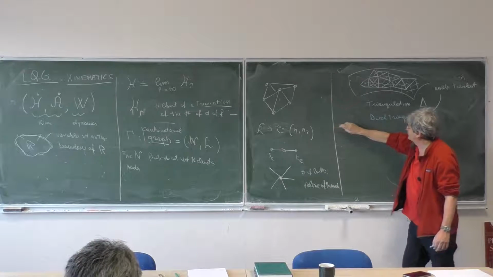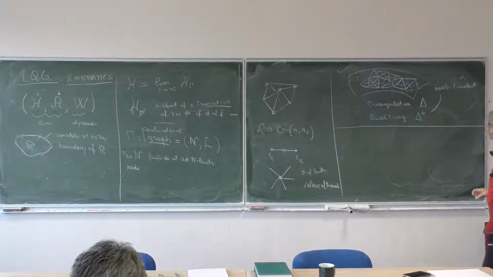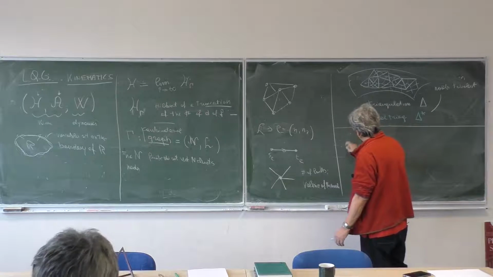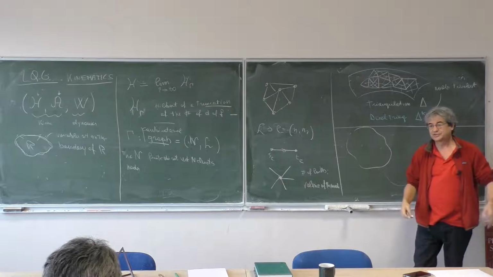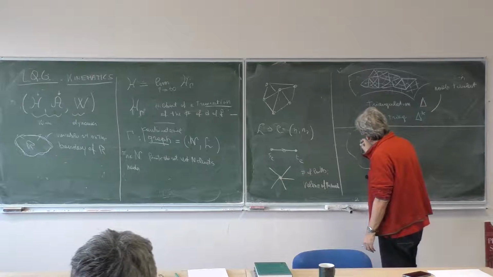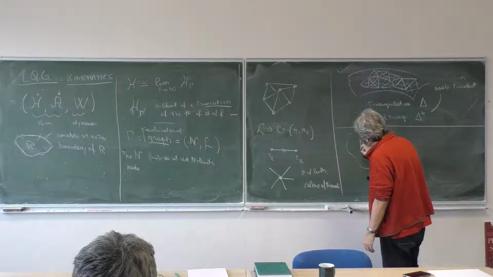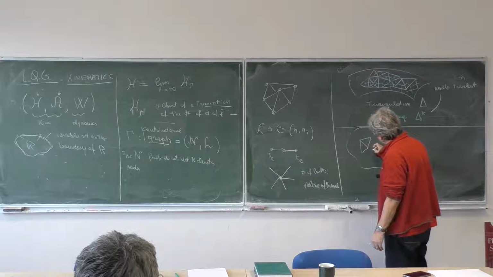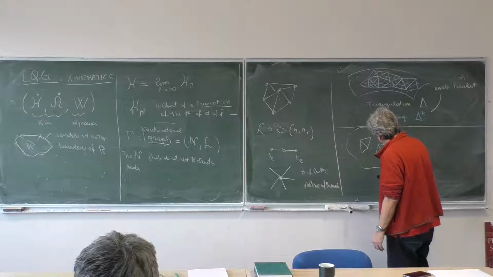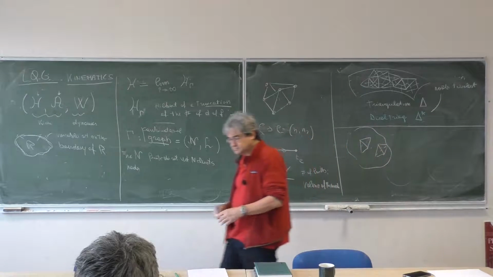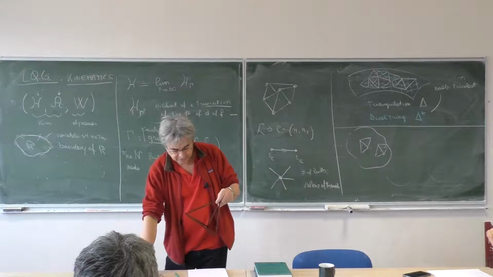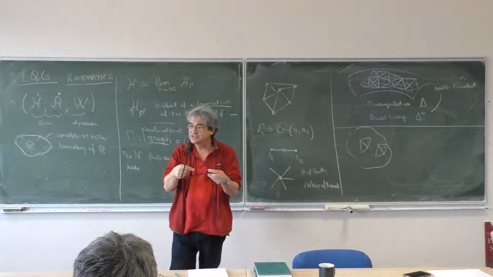Now we can do the same in 4 dimensions. So you have some piece of space, and you can break it into tetrahedra. This is a tetrahedron. Okay, and you can think that inside of each tetrahedron you have a point.